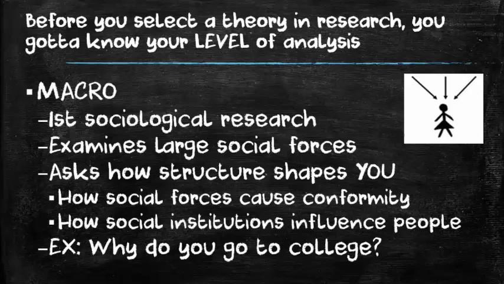So this was the first way that sociologists tackled sociological research. They really wanted to find out how these big social forces influenced people, not just individuals, groups of people in society. For example, how does a distribution of wealth or income impact our social classes in different ways?